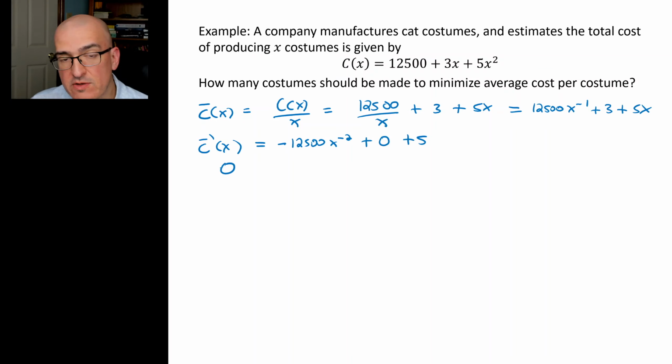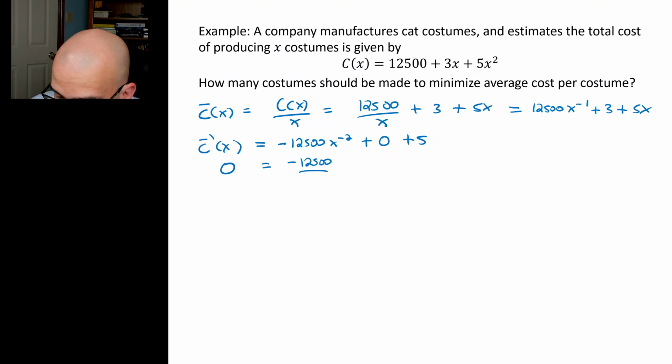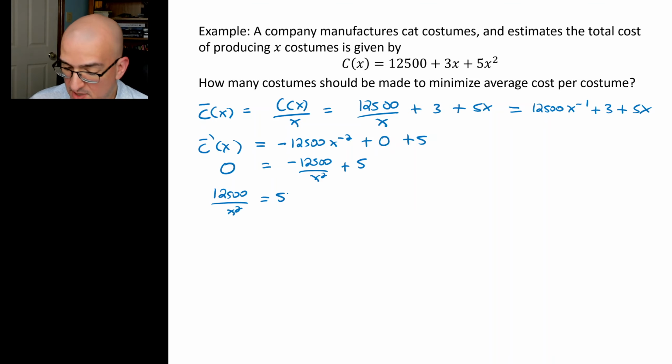We set the derivative equal to 0. So negative 12,500 over x squared plus 5. I'm going to add that first term to both sides. 12,500 over x squared is equal to 5. Cross multiply by x squared. 12,500 is equal to 5x squared. Then divide both sides by 5.